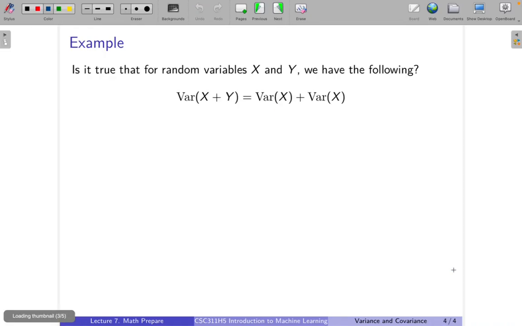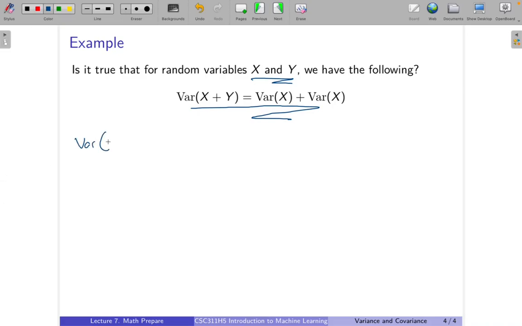So let's look at this example then. Let's see, is it true that for random variables x and y, we can have this quantity, and hopefully you can work out how this relates to the problem that we've given you. So let's take a look.